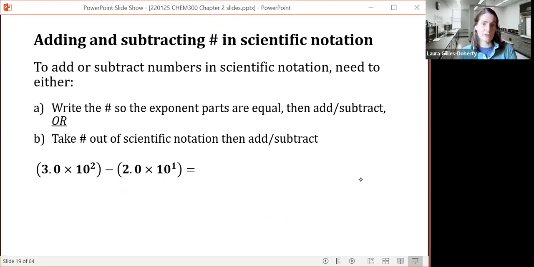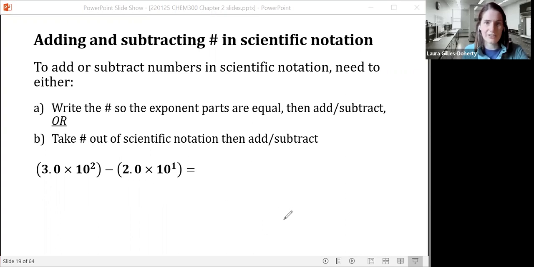Okay, what do we do if the exponents are not equal? In this case, we have 3.0 times 10 to the 2nd minus 2.0 times 10 to the 1st. So we have 2 options. We can rewrite one of the numbers so that it has an exponent that's equal to the other one, and then add and subtract them like we just did. Or we can take them out of scientific notation, do the addition and subtraction, and then put them back into scientific notation.